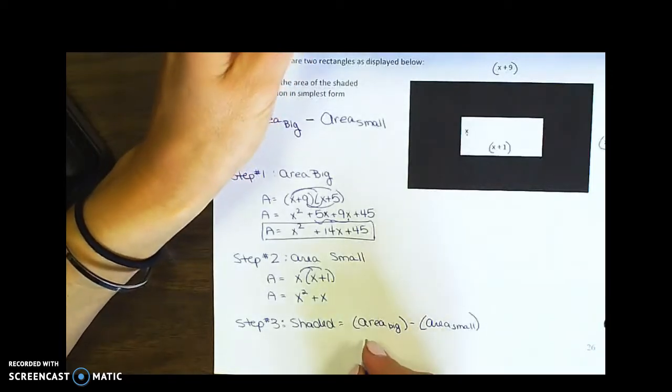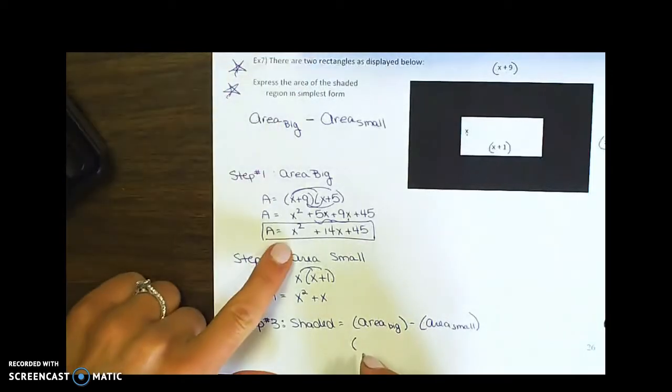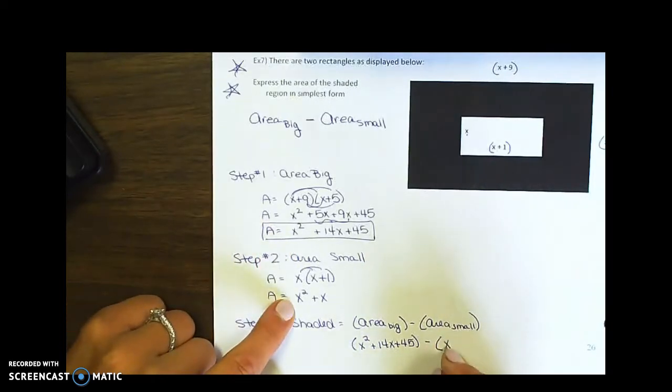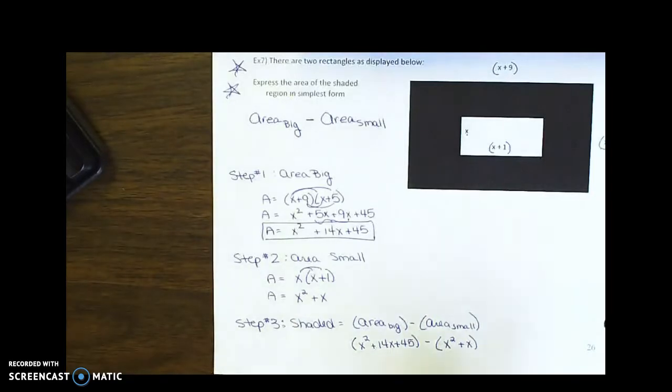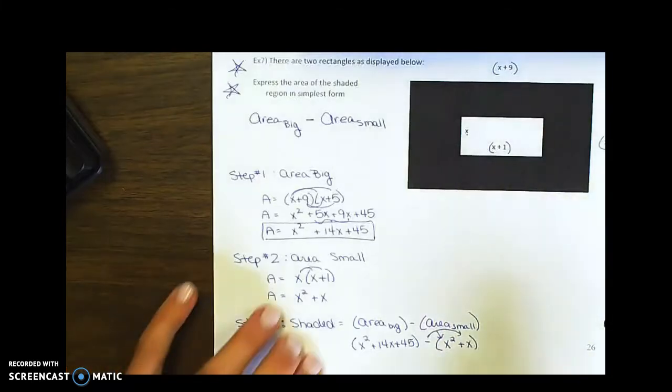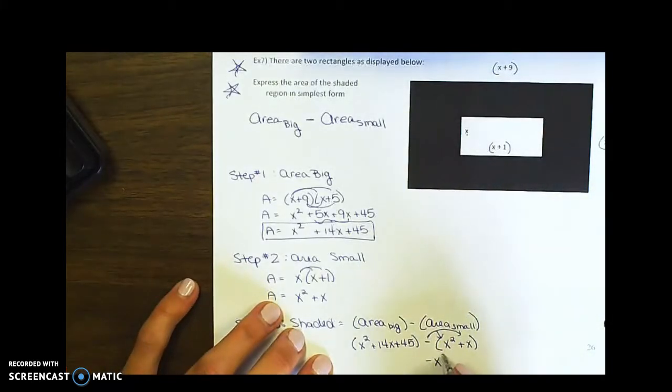Area of the big, so we're going to plug that in, that was step 1, x squared plus 14x plus 45 minus area of the small, x squared plus x. So before we can subtract, we do have to distribute. So we're going to distribute that negative into the parentheses. So we get negative x squared plus a negative x. And the first parenthesis stays exactly the same.